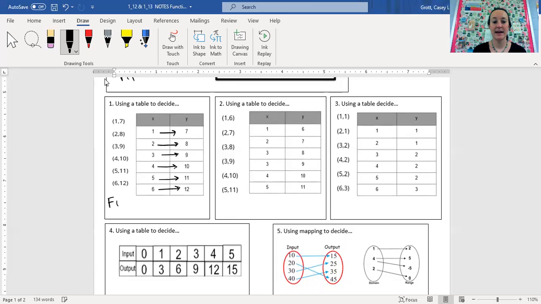This is a function. And we're going to explain why. So today it's not just telling whether it's a function or not, it's also being able to explain. So this is a function. Each x value has one y value. I'll give you a second to write that down. This is a function. Each x value has one y value.